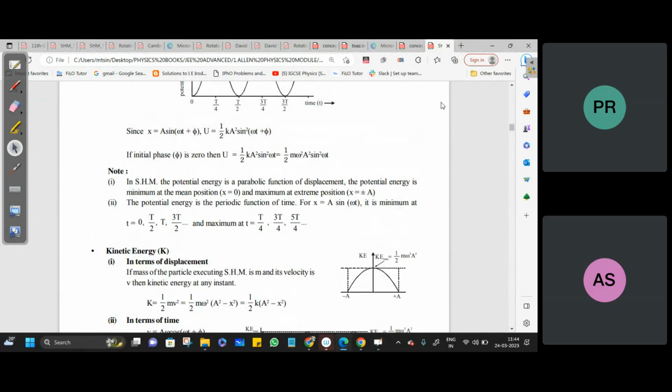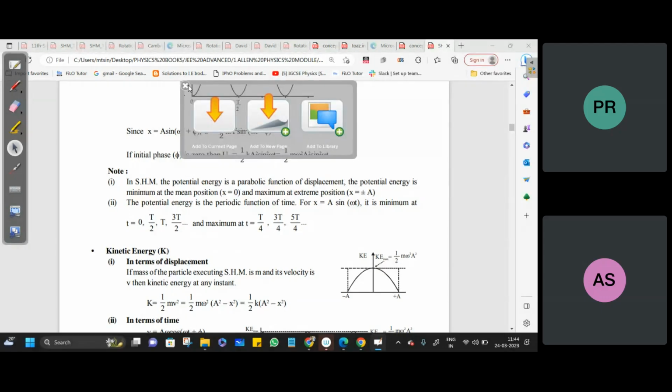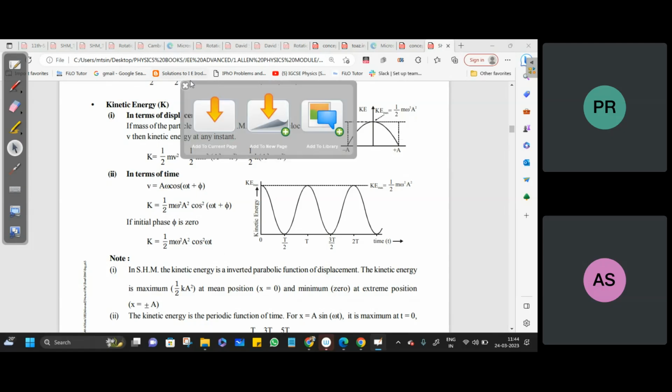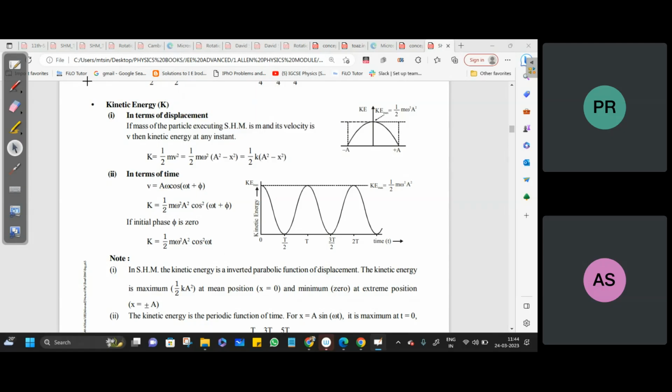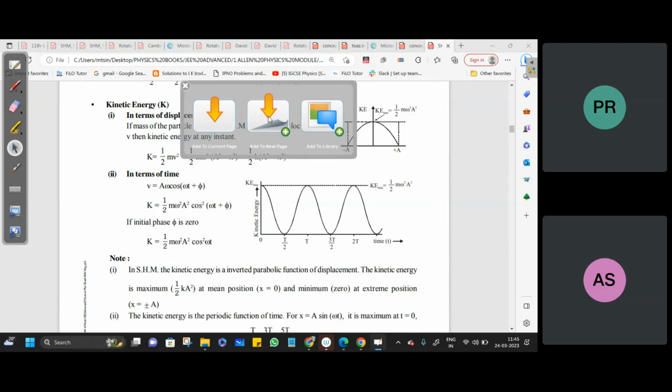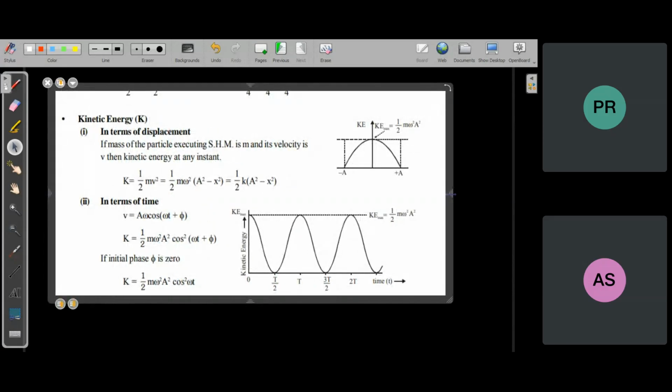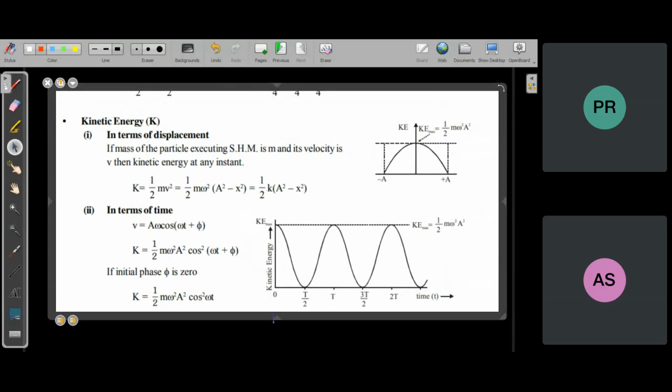Because you can see that the equation of potential energy has sine square omega t. Are you getting? It is not sine omega t, it is sine square of omega t. Whereas in the equation of displacement, there is sine omega t. So many a time this question is also asked: what is the frequency of oscillation of potential energy and kinetic energy? The answer is that the frequency of oscillation of potential energy and kinetic energy is twice the frequency of SHM.